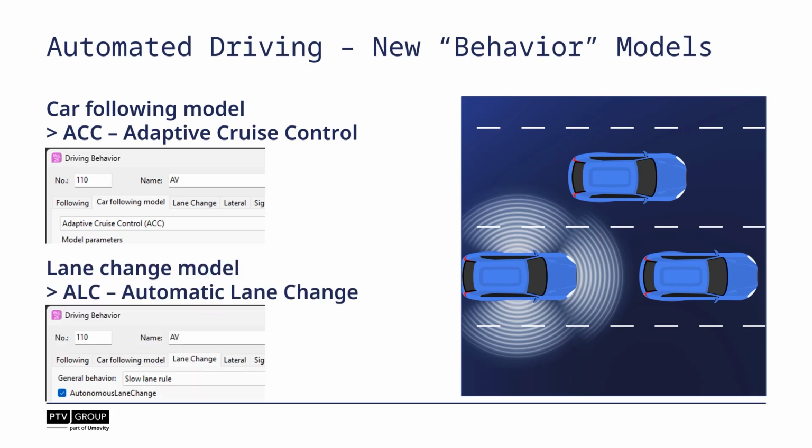The second ingredient is a specifically designed lane change model, short ALC for automatic lane change, which the next service pack will allow you to simply activate using a checkbox in the lane change tab of the driving behavior settings. The model and the checkbox will be available with the next service pack, and I apologize here for the, let's call it, almost done screenshot with the internal label, and I promise that that one will change to automatic lane change.